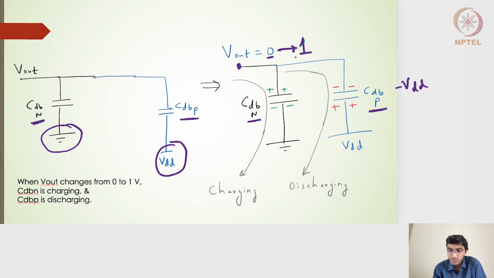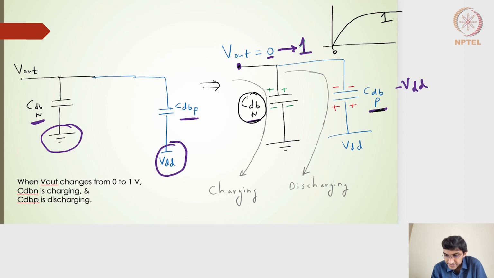So when the output voltage changes from 0 to 1, the CDB capacitance starts charging. And of course, when it changes from 0 to 1, it charges slowly. So my output voltage profile is going to have some kind of capacitor charging profile, from 0 to 1, for this particular capacitance.